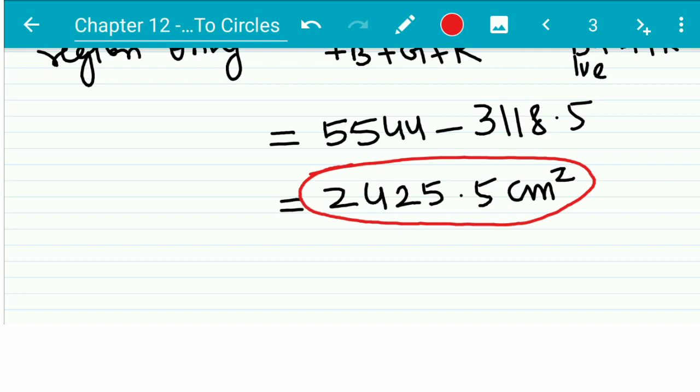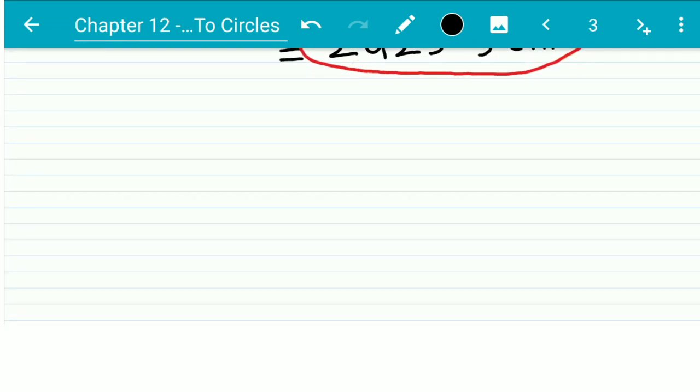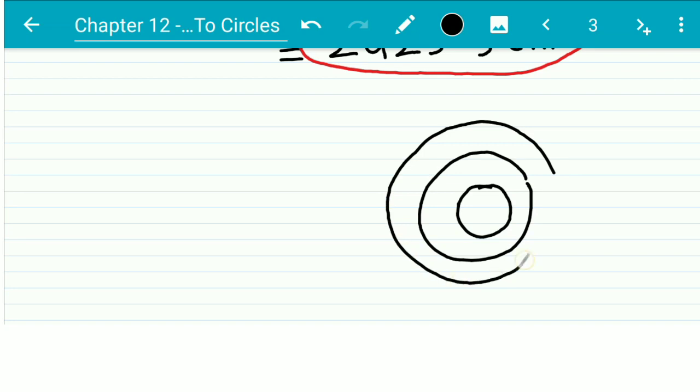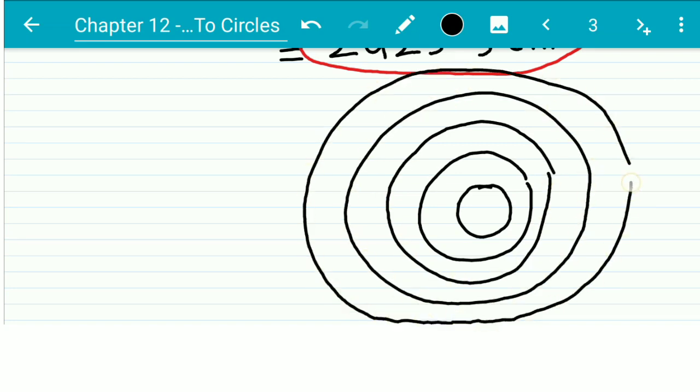Now one more is there. Area of the white region. Do the same way. See. Gold, red, blue, black and finally white. So what is the radius of this full circle? 10.5, 10.5, 10.5, again 10.5, again 10.5. So this full radius will be sum of all the width plus the radius of the gold.